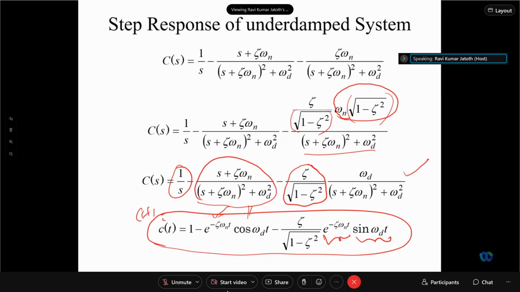Right. So now we will simplify this further.